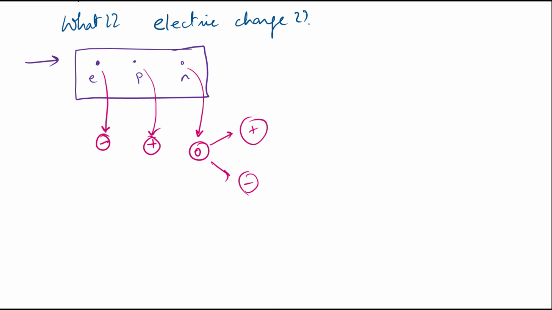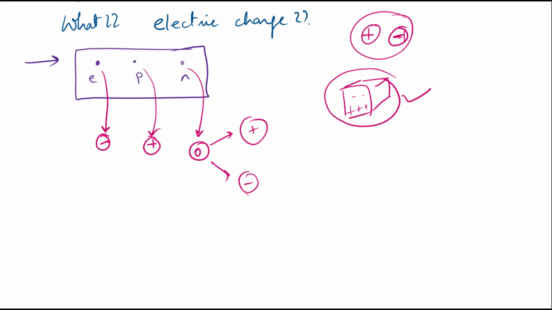So this is the fundamental nature of electric charge, that any particle in the universe which we know of, in its fundamental terms contains positive and negative charges, right? So if an object, let's say I have a box, has more positive charge than negative charge, that means the object is positively charged. If it has equal positive and negative, then it is neutral, and so on.